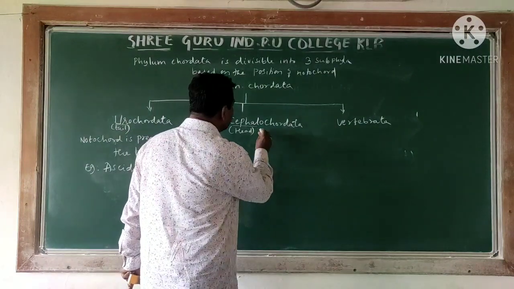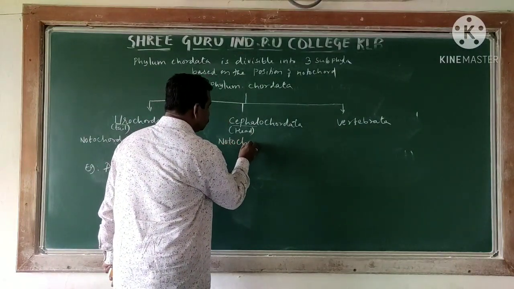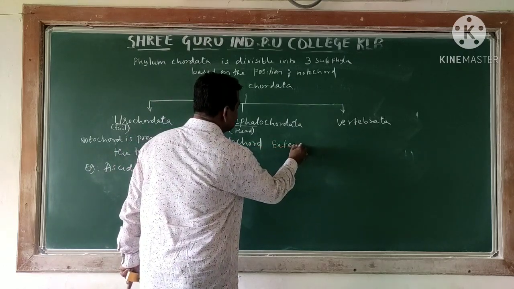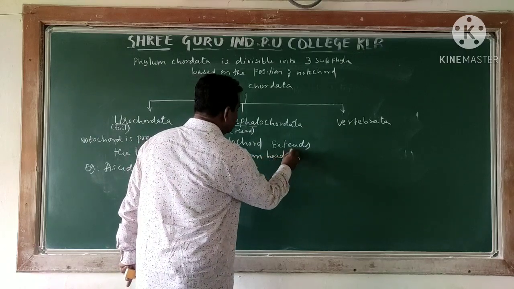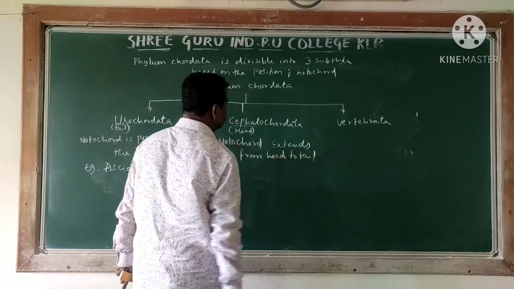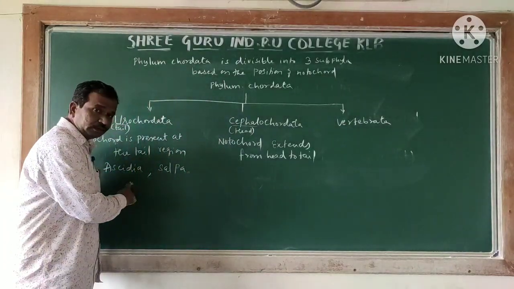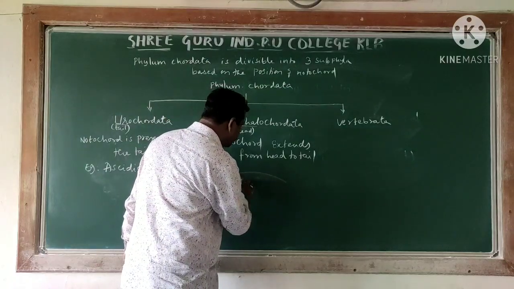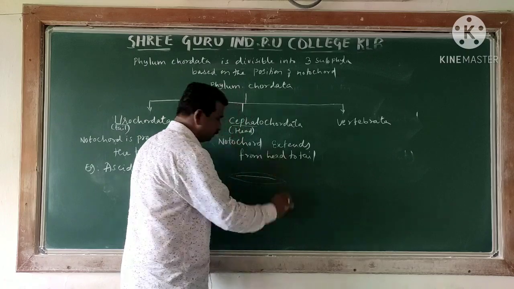Cephalochordata nodri. Cephalochordata means here the notochord extends from head to tail. We have observed that in urochordates the notochord is found only in the tail region. But in the case of cephalochordata we are observing that the notochord is normally found from the head to tail.